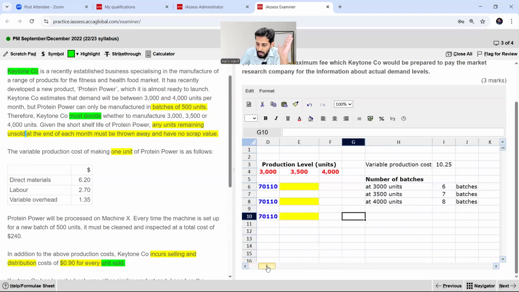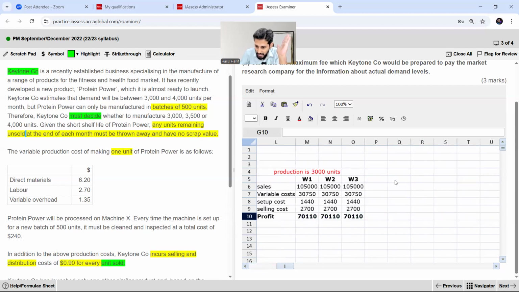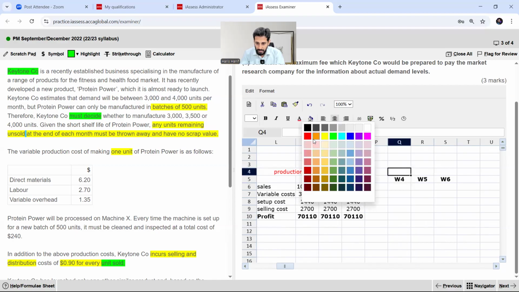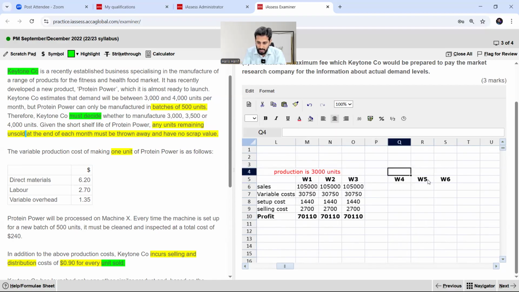So to make your calculation journey a bit easier, I am now going to solve working 4, working 5 and working 6. I can simply write for you over here with this red color, production is 3500 units, right?